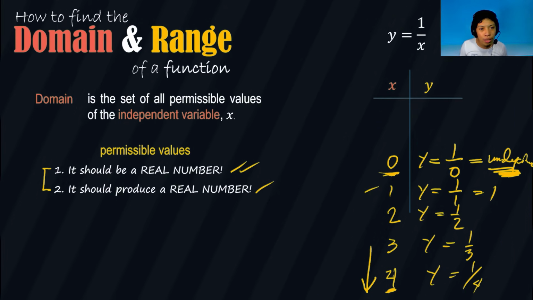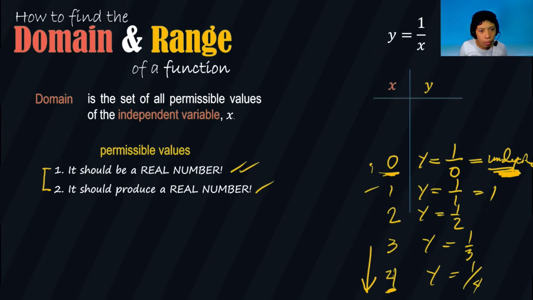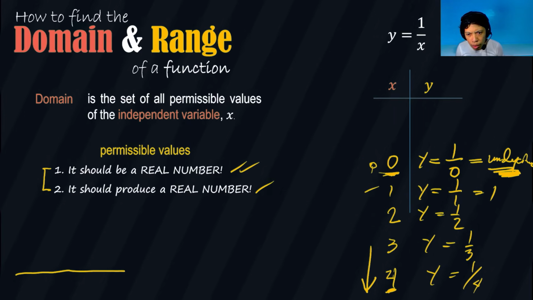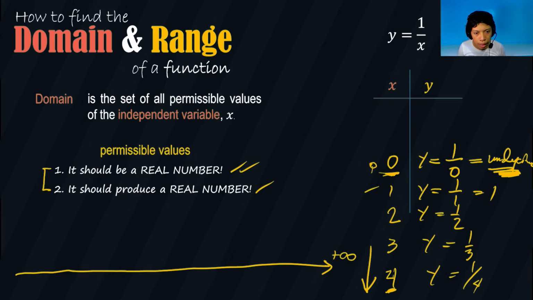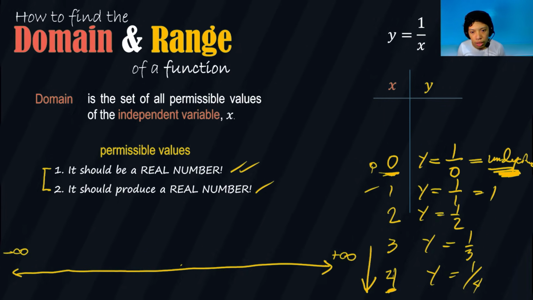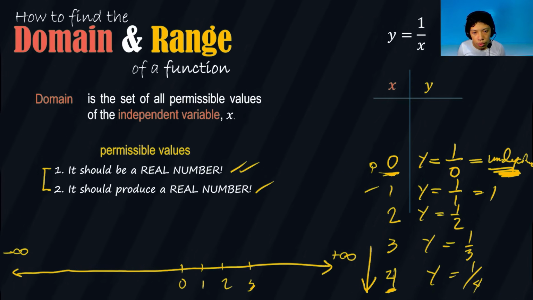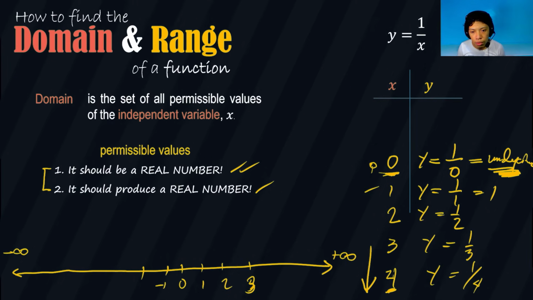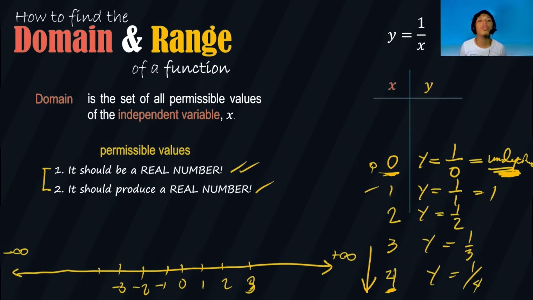Ibig sabihin, from 0 until, but excluding 0. Okay, let me explain that. We have this number line. This is until the positive infinity. This is until the negative infinity. You have there 0, 1, 2, 3, and so on and so forth. Negative 1, negative 2, negative 3, and so on and so forth.